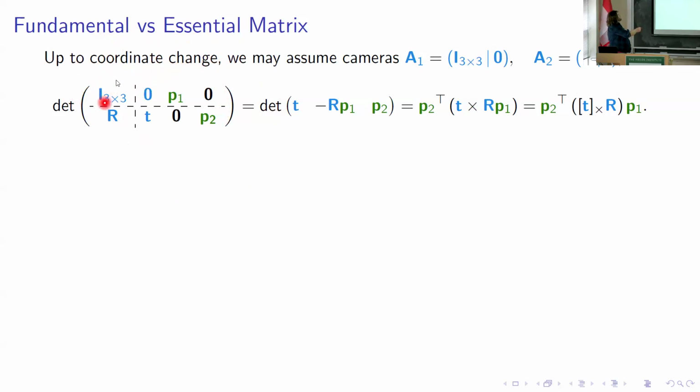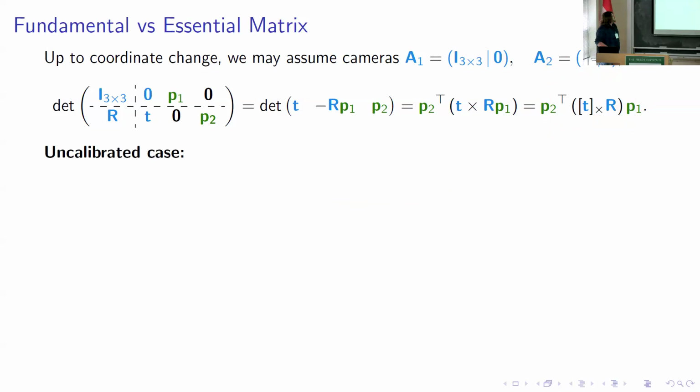Notice I have a 3x3 upper identity block. So that tells me I should take the Schur complement of that block in order to reduce this 6x6 determinant into a 3x3 determinant. And you do a little bit of vector arithmetic identities. And what you'll see comes out is an expression for the fundamental matrix as the product of a skew symmetric matrix, depending on the translation, and the rotation matrix R. So this is a parameterization of fundamental matrices, T cross times R.